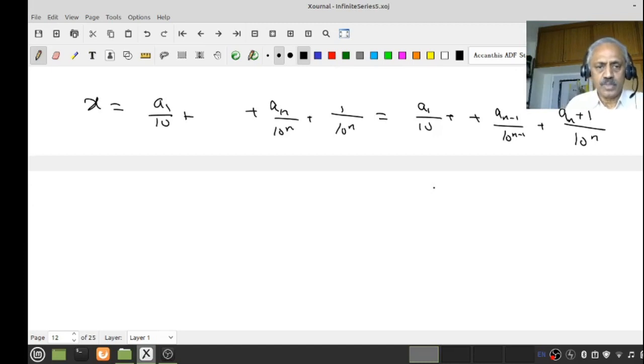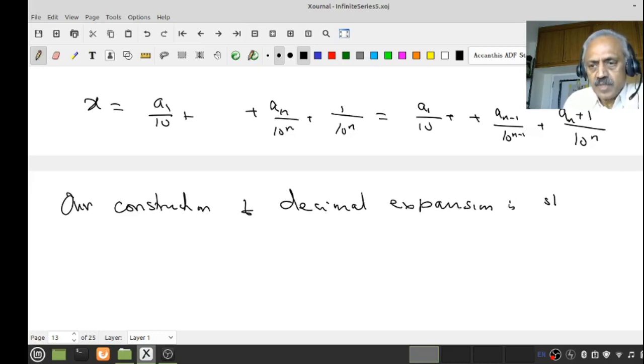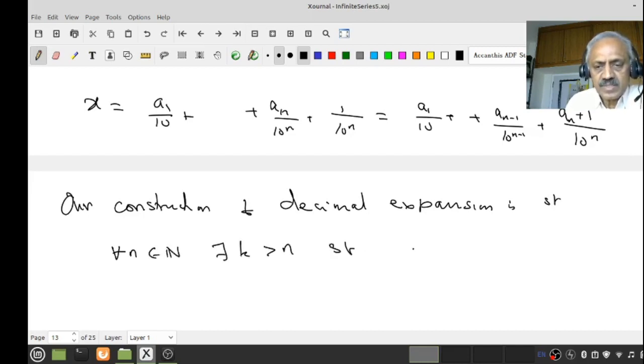We have proved that our construction of the expansion is such that for all n natural number, there is a k greater than n such that a_k is not 9.